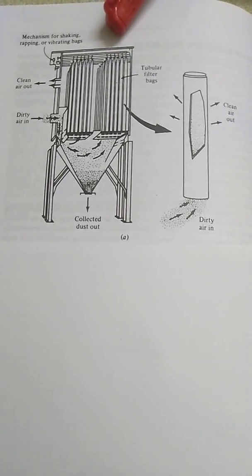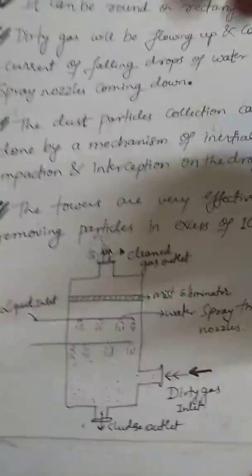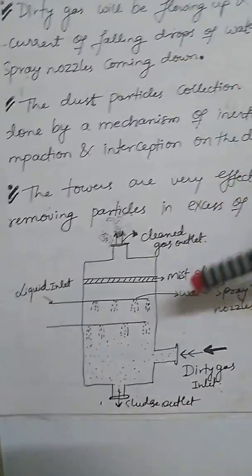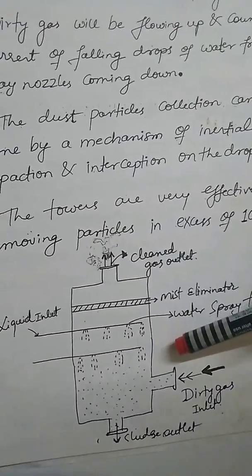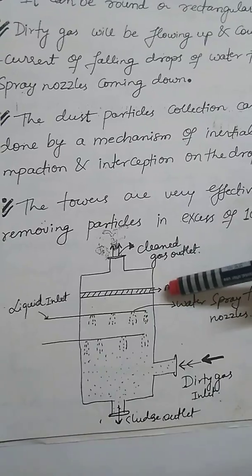Now next we are going to discuss scrubbers. In scrubbers we will be discussing the spray tower, vertical scrubber, cyclone scrubber, and packed scrubber. Scrubber means that, in order to remove the finer suspended particles, we use a water media.